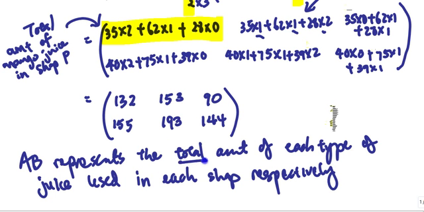Important here is the word total. So really the rows represent the shops P and Q, and the columns represent the mango juice, orange juice and pineapple juice.